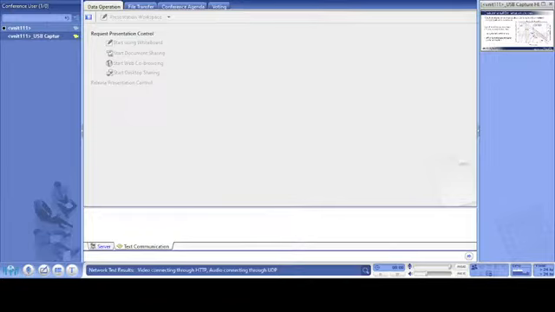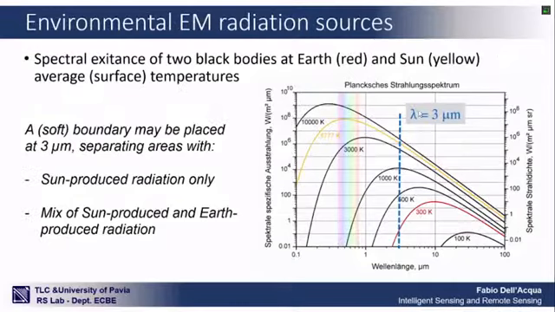But then there's another section within the optical window where things work a little bit differently, because you have a significant contribution from the Earth itself. This means that when you operate a sensor in this area, you're no longer necessarily looking at reflected radiation.